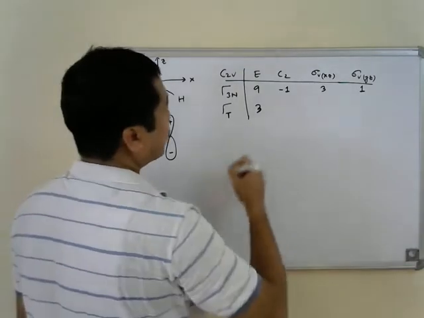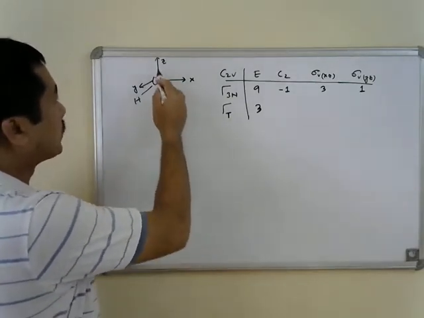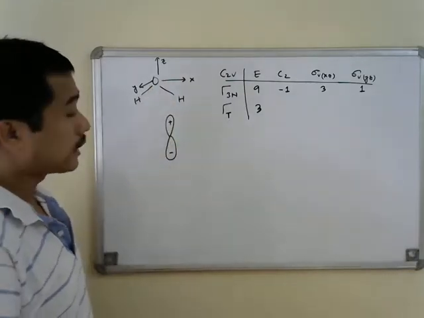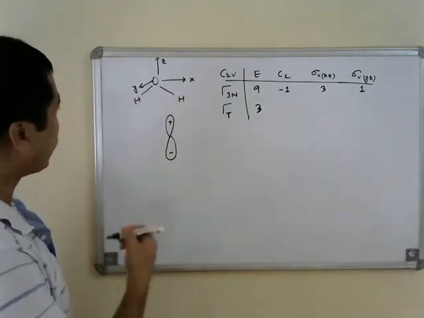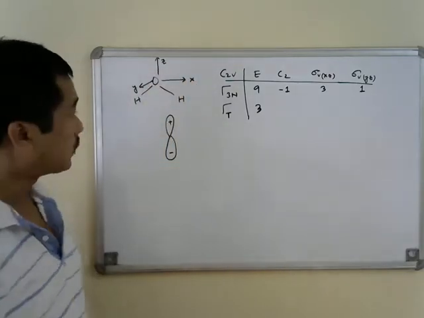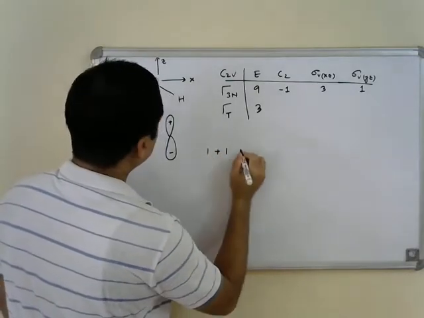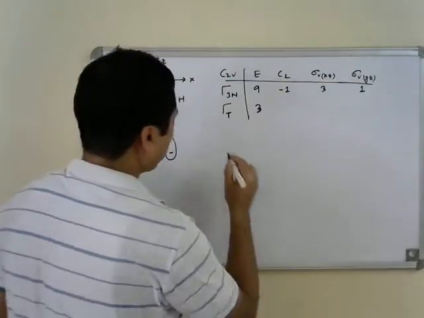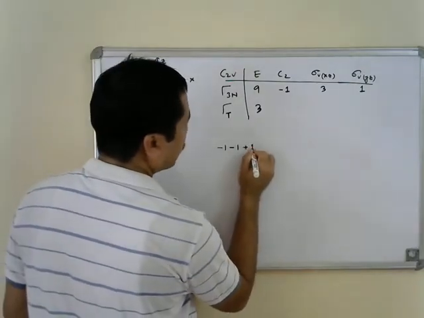Then for the C2 operation, C2 is going to be along the z axis. So the z coordinate is not going to change direction, but x and y are going to go to -x and -y, and that is why we get -1 from x and y, while for z we get +1. So x goes to minus x, minus 1 for x, minus 1 for y, and plus 1 for z.